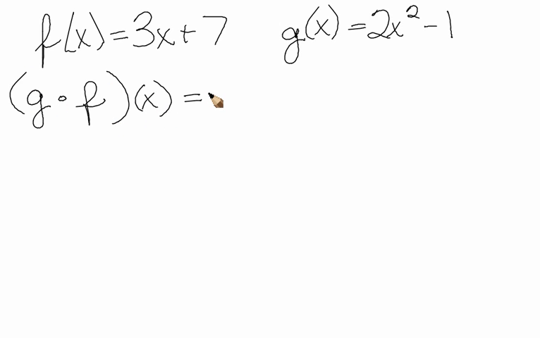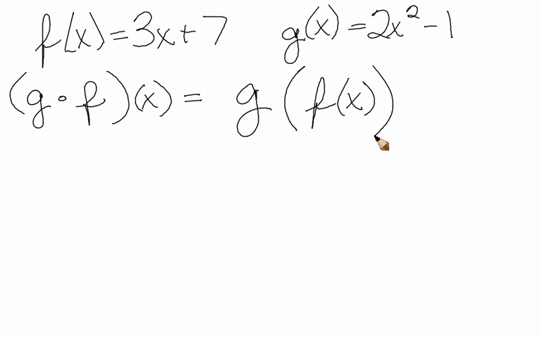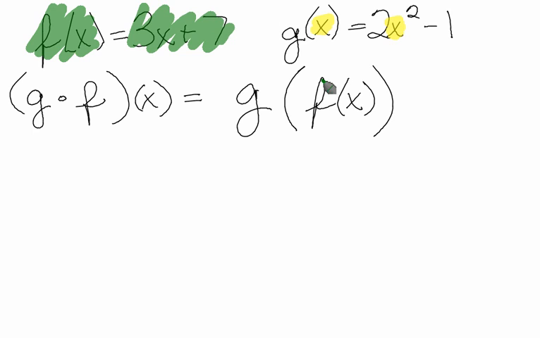So remember, what does this mean? This means we're going to, in place of x, plug in f of x. Okay, so we're going to replace x with f of x. Let me try the highlighter here. So in place of x, everywhere we see an x, we're going to replace it with an f of x. So f of x, this is going to be our replacement, 3x plus 7. I'm going to plug it right into g.